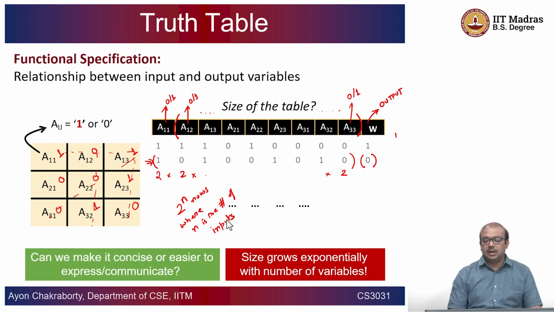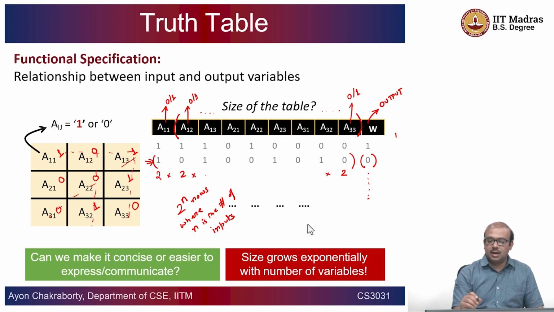So often it is a very complicated task to deal with a truth table that has so many rows and such a huge size. At the end of the day we want to design a circuit that consists of, in this particular case, 2 to the power 9, which is 512 rows, and every row is associated with an output. Think about the number of different things in this huge table.